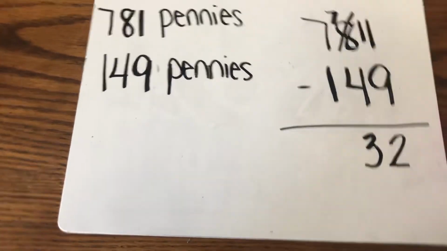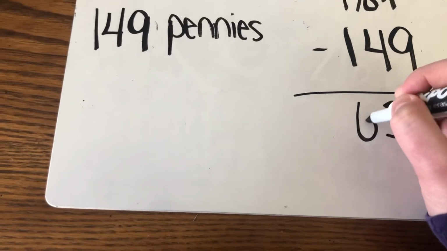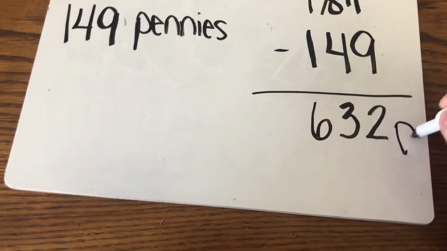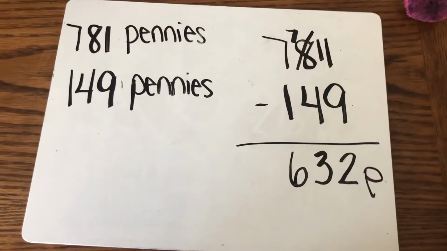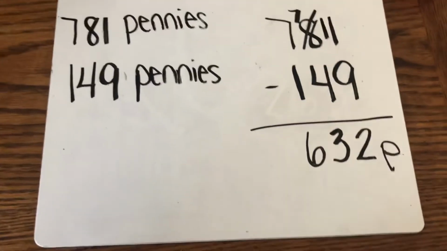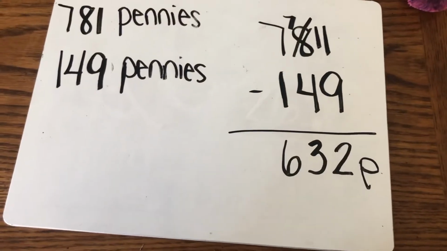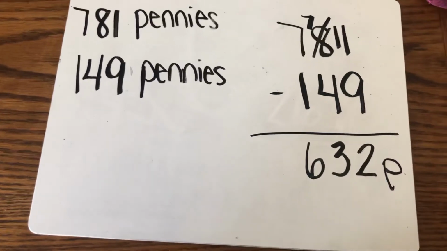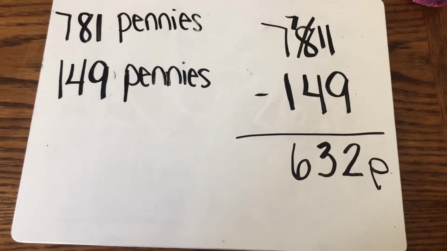And 7 minus 1 is 6. I'm going to put a P over here. So I would have 632 pennies left after giving 149 pennies to Corley.